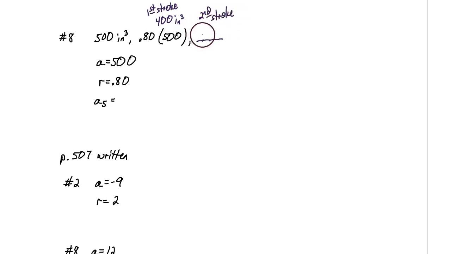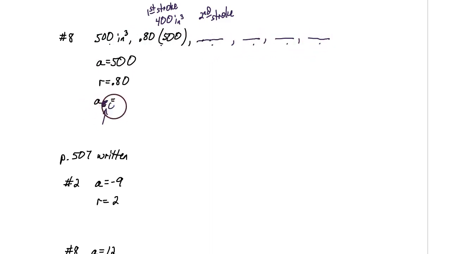And it's going to be 0.80 times the previous answer. The question says, how much air is left in the jar after the fifth stroke? So this number would be the third stroke of the pump, the fourth stroke of the pump, and the fifth stroke of the pump. Am I off by 1 again? 1, 2, 3, 4, 5, and 6.